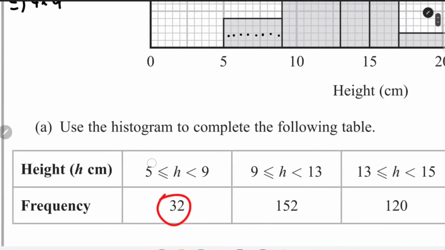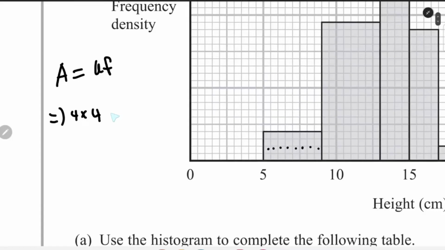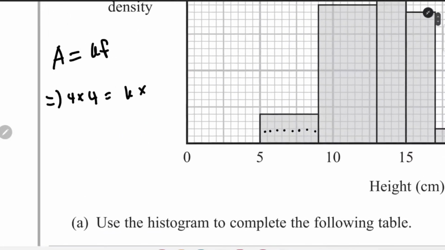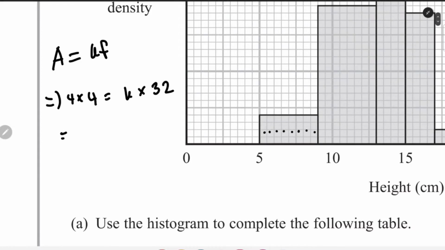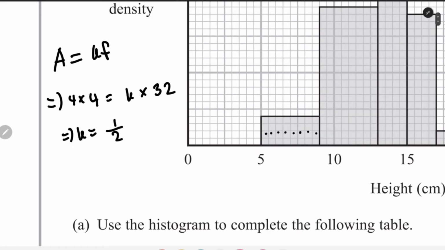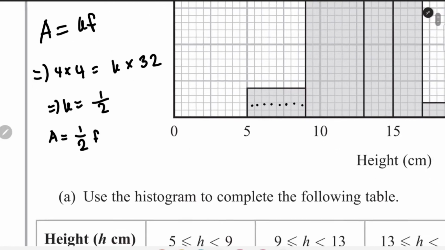Consider 1 unit as 1 box. Now we get k times the frequency, which is 32. So the value of k will be 16 by 32, or half. So area equals half times frequency.